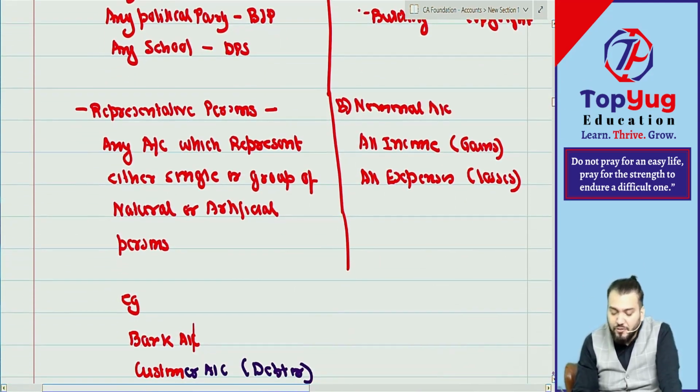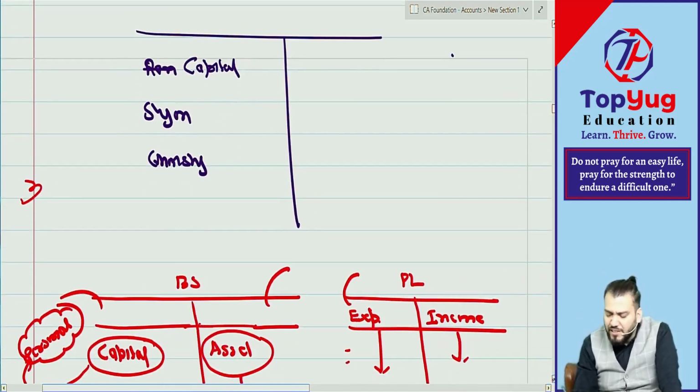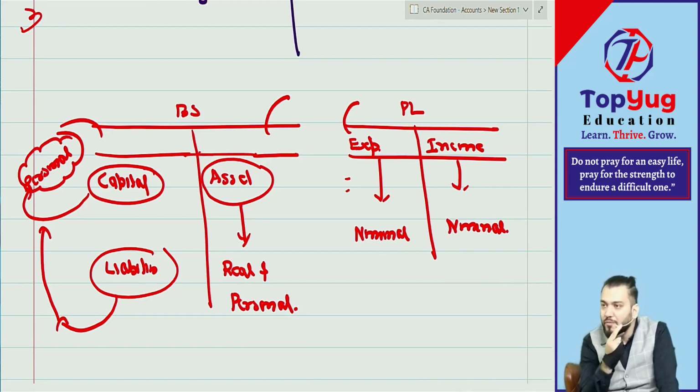Then we have also discussed that other is nominal account. So nominal account includes all income and expenses. Income will always include gains and expense will always include losses. Yes, sir. Then we were discussing about balance sheet and P&L. So we discussed that P&L actually represents all income and expenses, means all nominal accounts are transferred to profit and loss account.